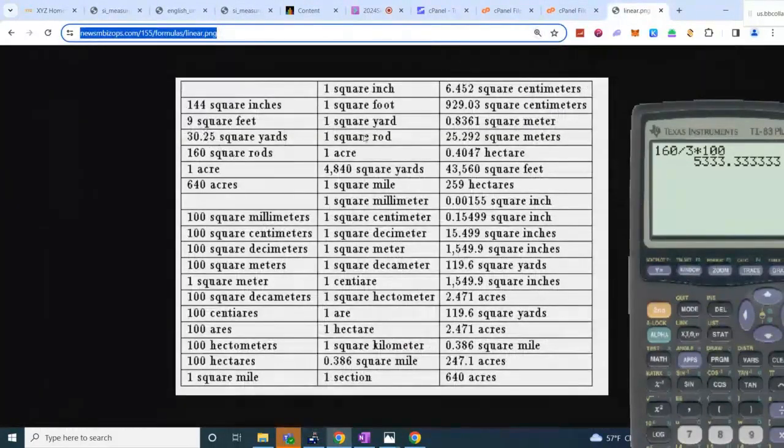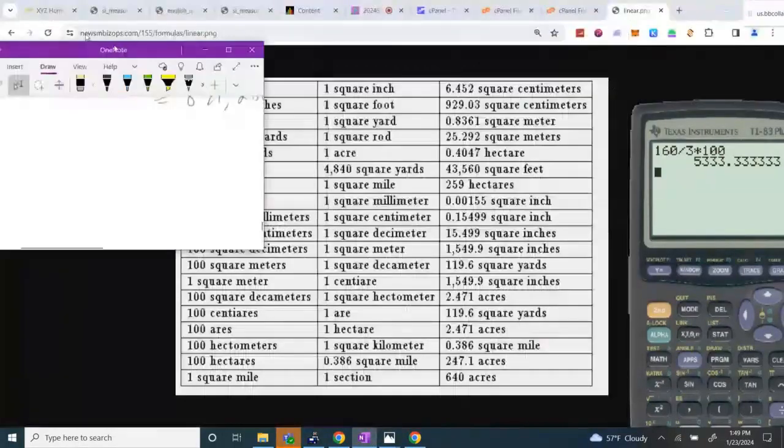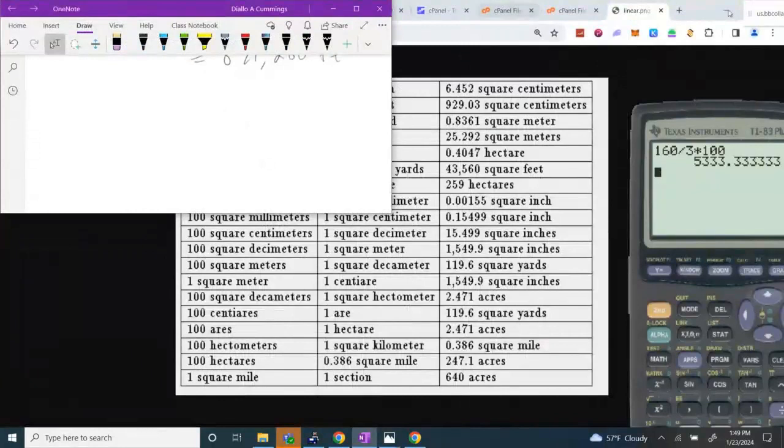And I want to use a measurement from square yards to acres, right? So 1 acre is 4,840 square yards. Let me just put them on the same screen at one time.